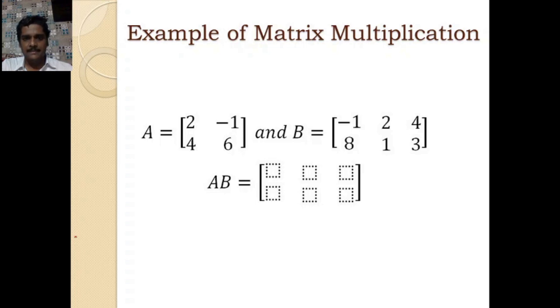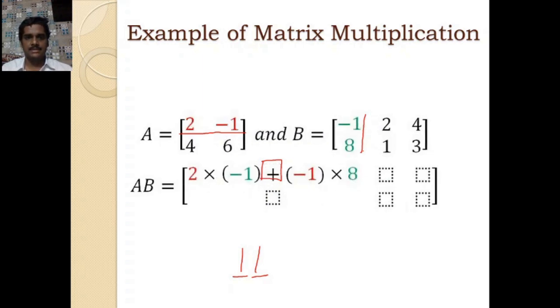Now let's see how to get these elements. Let's talk about this first one. This first one is present in first row, first column. So row index is 1. So you are going to pick first row of A. Column index is 1. So you are going to pick first column of B. And you will multiply them to get this first row, first element of product AB.